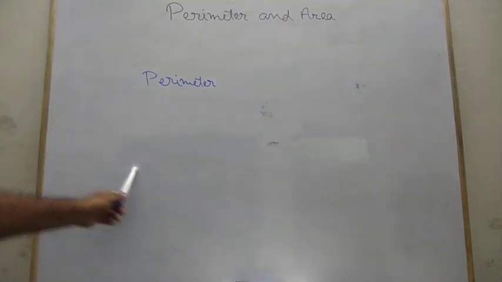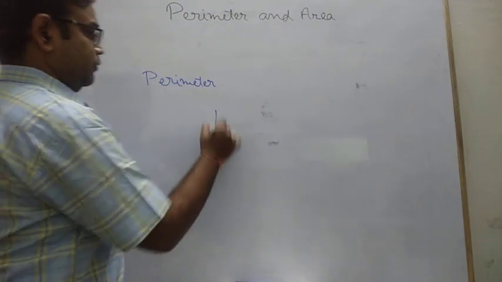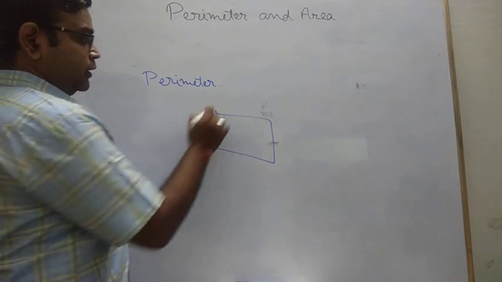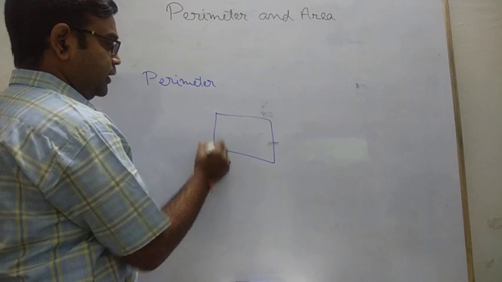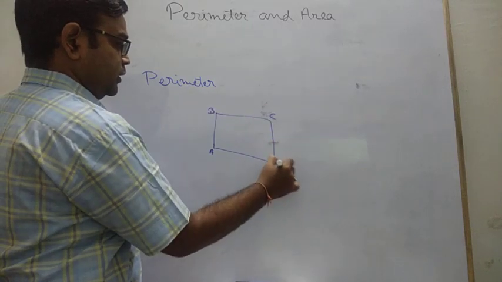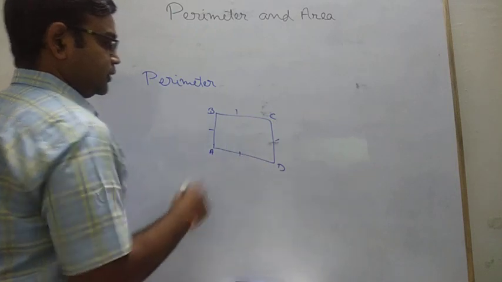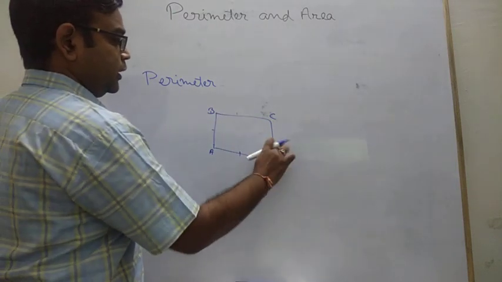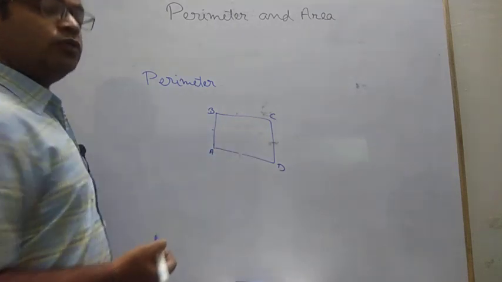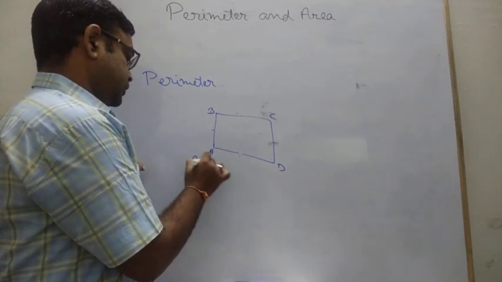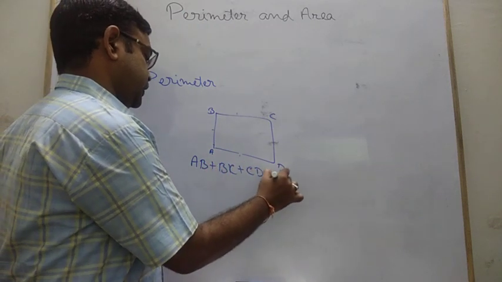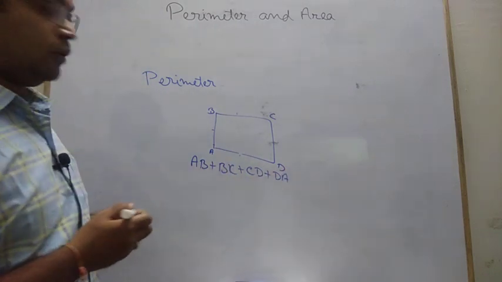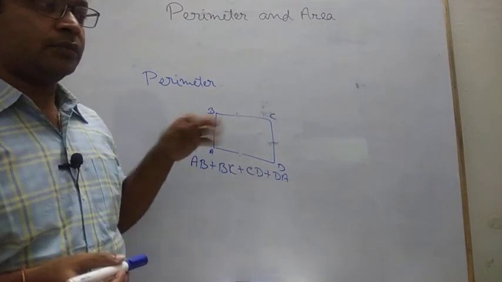If you are able to see the board, if we draw some rough diagram, this is the complete length starting from this point A, B, then B, C, D. The sum of all the lengths is known as your perimeter. Means it's AB plus BC plus CD plus DA. The sum of these lengths is known as your perimeter in case of this geometrical figure.